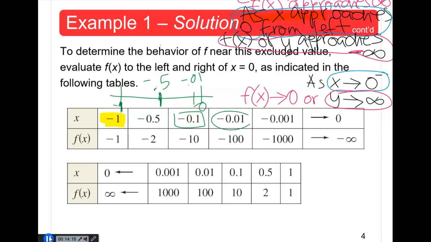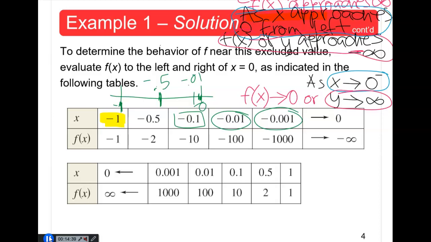And then -0.01 is even closer to 0, and -0.001 is even closer to 0. So they're getting closer, they're approaching 0, but they cannot be 0. Remember, x equals 0 is excluded from the domain, meaning we cannot substitute x into the function.